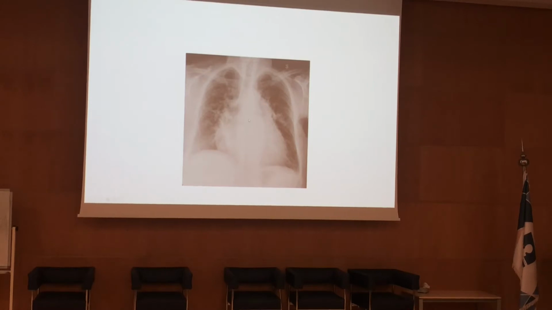Is it pneumonia? No? Okay. Yes. So as you can see, there is interstitial infiltration here bilaterally, and this is most likely congestion. You see the localization of the vessels here, and there is a lot of congestion.